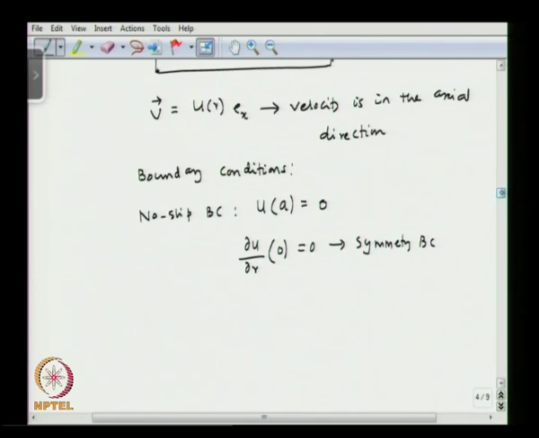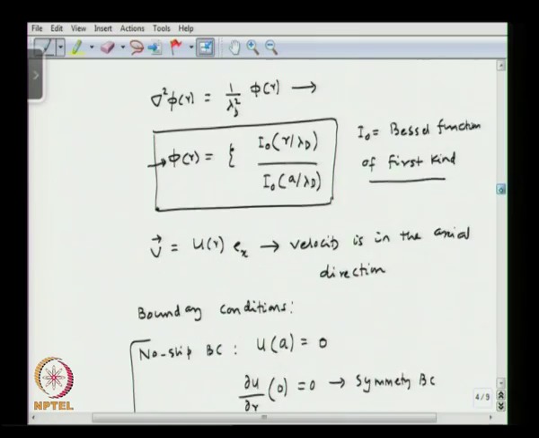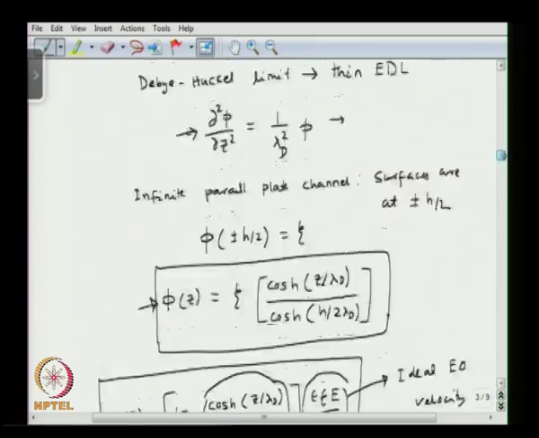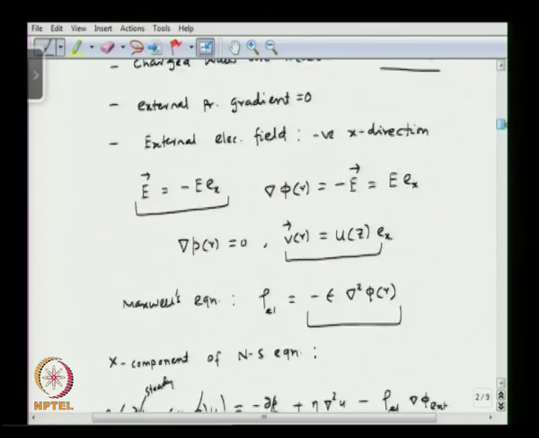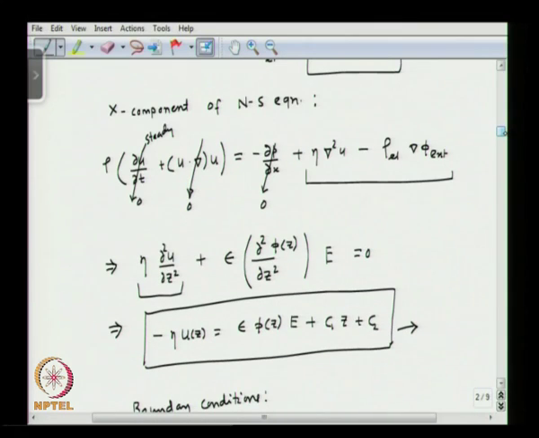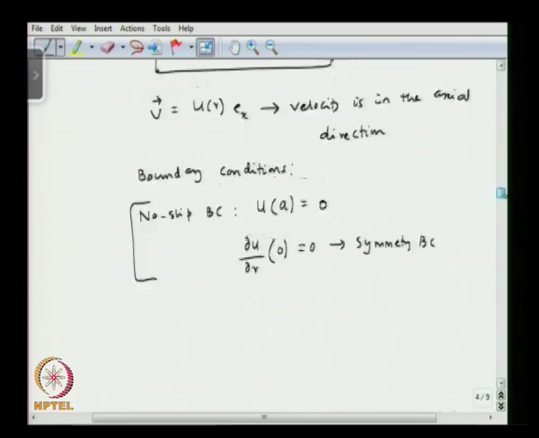Now, using these two boundary conditions, if you solve for the velocity profile, similar to the flow between flat plates case, we would have an equivalent equation in the radial coordinate.